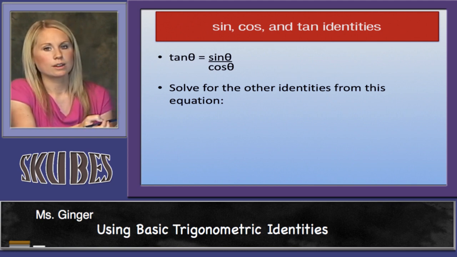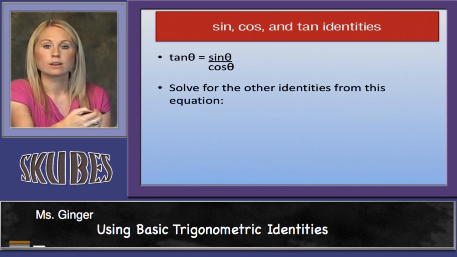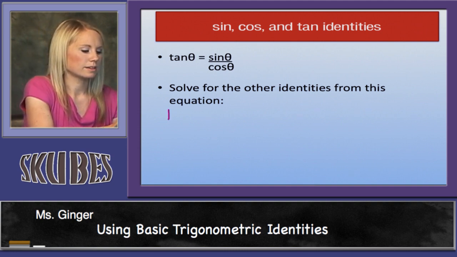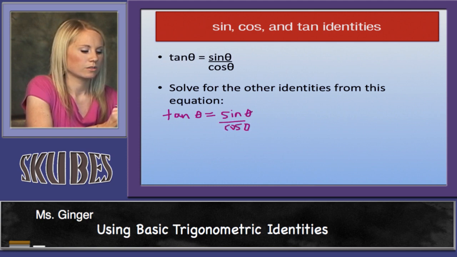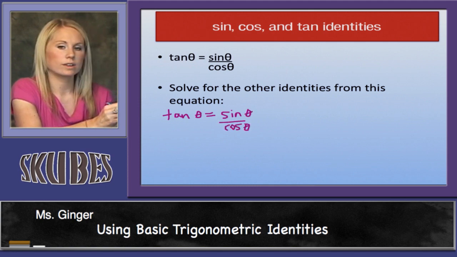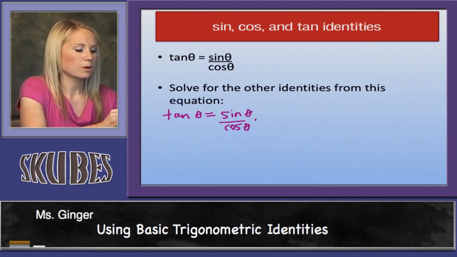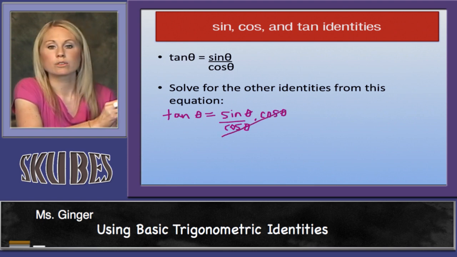Alright, so if tan theta equals sine theta over cosine theta, always, for any angle, let's multiply both sides by cosine theta. We can isolate and have the equivalent identity for sine theta. Multiplying both sides by cosine theta is going to get rid of it on the right hand side.